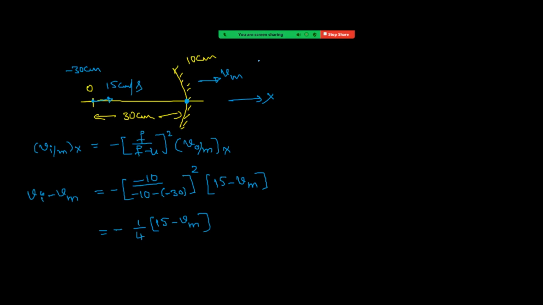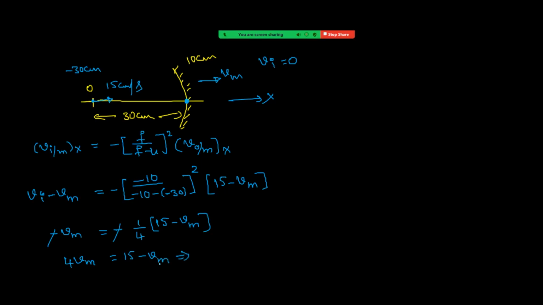And the condition given is that velocity of image in ground frame is 0, right? So I'm taking it 0. Remaining is now minus Vm. Minus gets cancelled. 4 Vm equals 15 minus Vm.